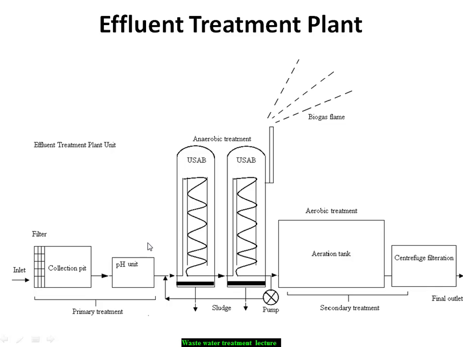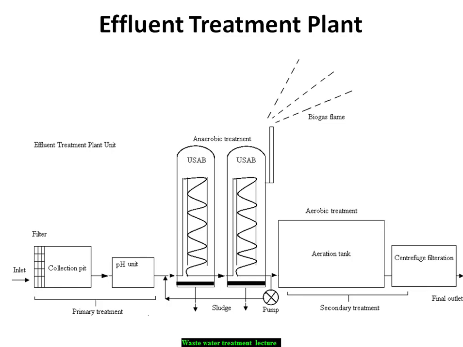This one is the pH unit. Before starting any secondary treatment, first we maintain the pH of this effluent, because this industrial effluent may be highly acidic or basic. So we can use some urea and sodium hydroxide to maintain the pH in this pH unit chamber.